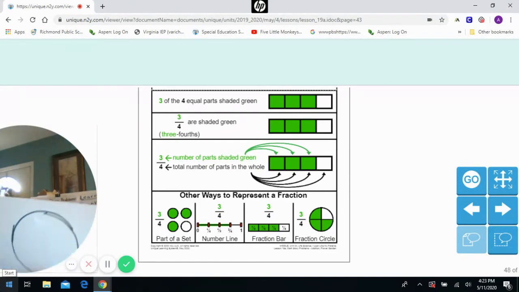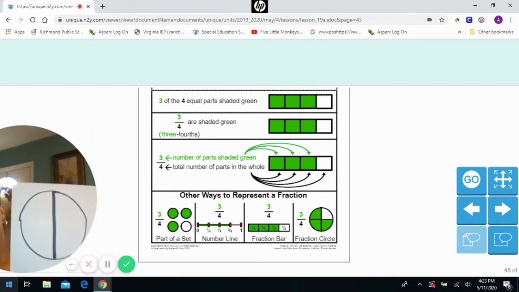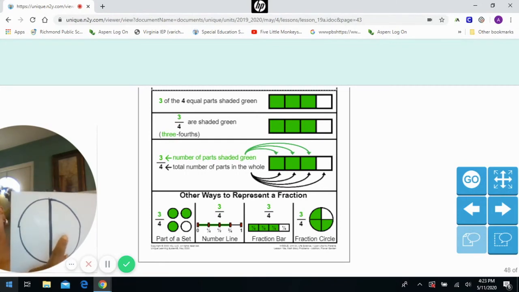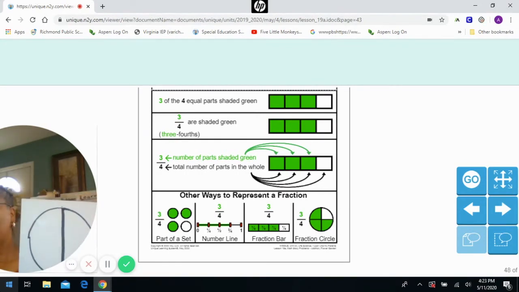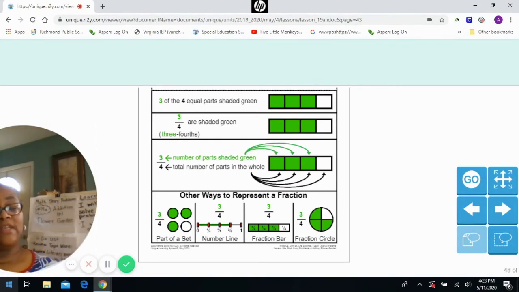You see my circle? One whole circle. Okay, now, I divided it, and it becomes what? You have how many places here? 1 and 2. Okay, so now if we need to cut it in half, we will cut it in half.